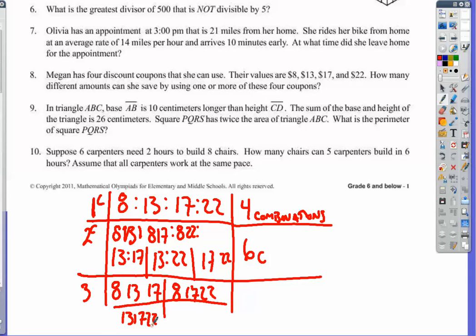So that's 3, but that doesn't seem quite right. Oh, I could also go 8, 13, 22. And so that is 4 combinations. And then with all 4, there's obviously 1 combination.